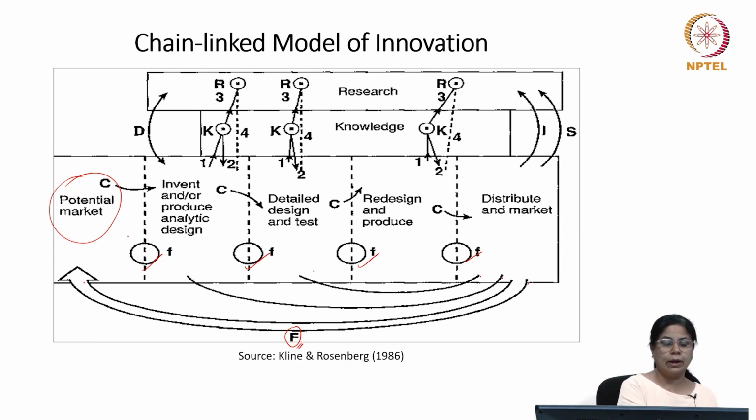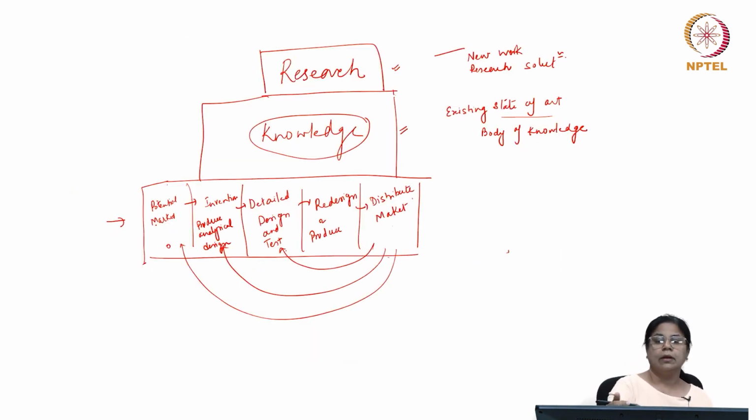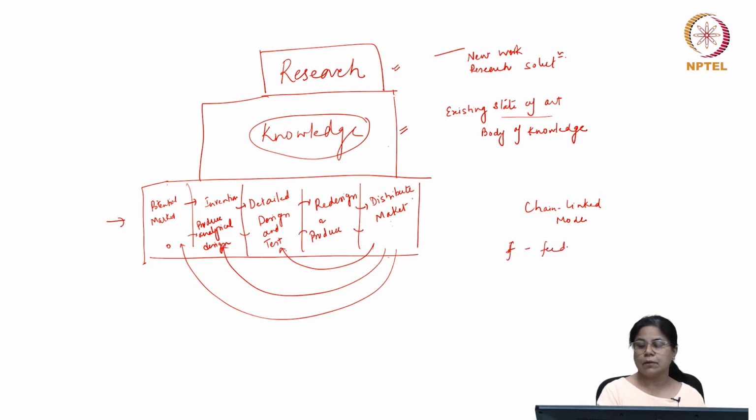So we have understood these three boxes, the chains that exist, why it is called a chain-linked model, and the feedback. The feedback is for the regular interaction that happens, and then there is the particularly important kind of feedback that needs immediate attention.